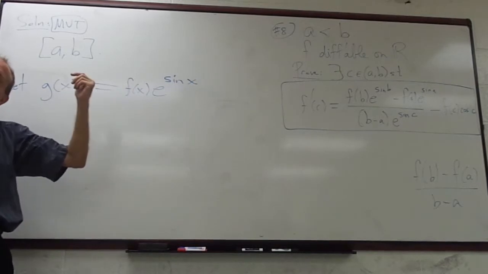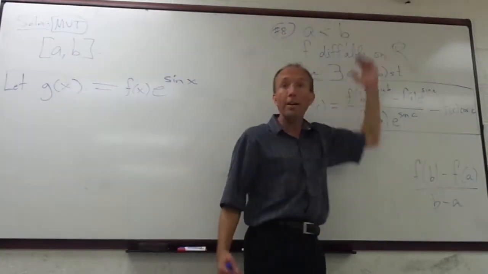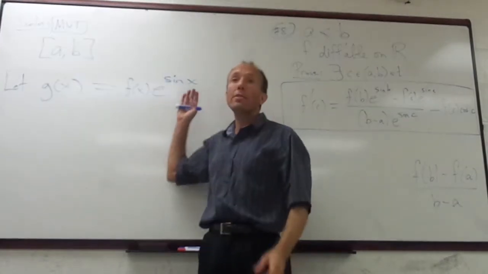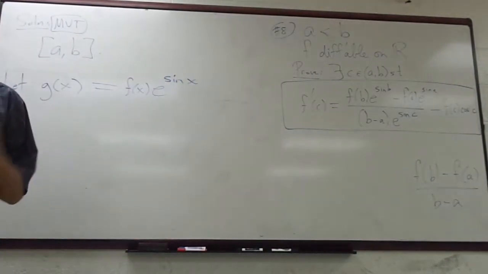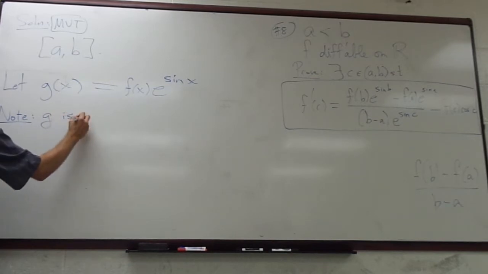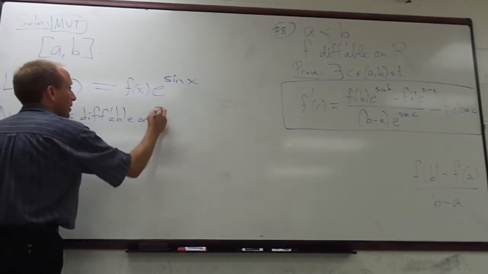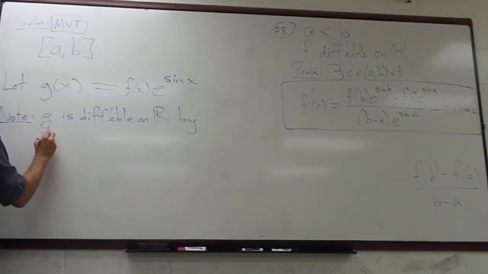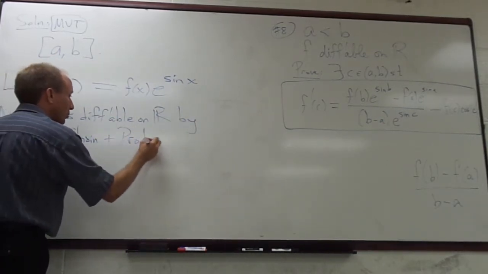So you have to say that because f is differentiable on R, and because e to the sine of x is a composition of differentiable functions on R, that g is. So we really do need to say this: note, g is differentiable on R by the chain plus product rules.